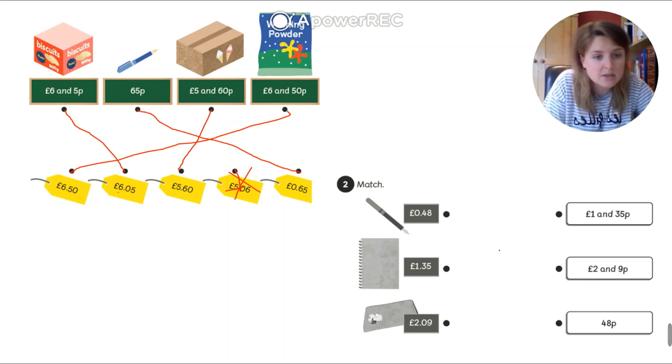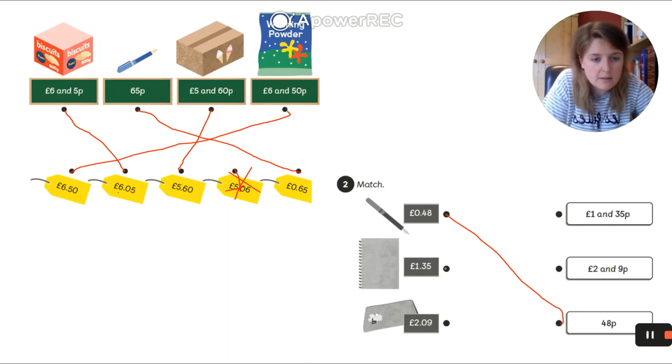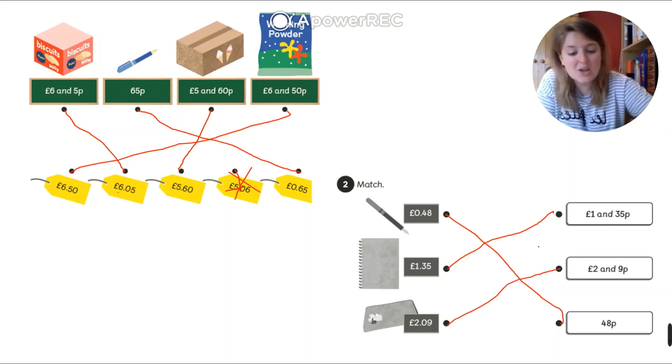That's got £2, so it can't be that one. So 48p. Okay, and golly, this is £1.35, so I've got £1 and 35p. Or I've got £2 and 9 pence. So let's match that to that. And that must mean £2 and 9 pence comes over here. Okay, brilliant. Next up.